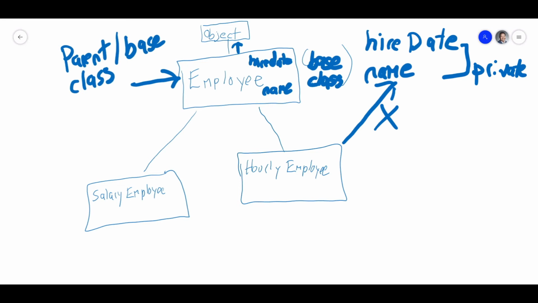Okay, but for now, we know that we can inherit from one class. So now, if I write hourly employee, I no longer have to write any methods or instance variables for name or hire date. Okay, so let me show you that in code, actually, how I would do that.